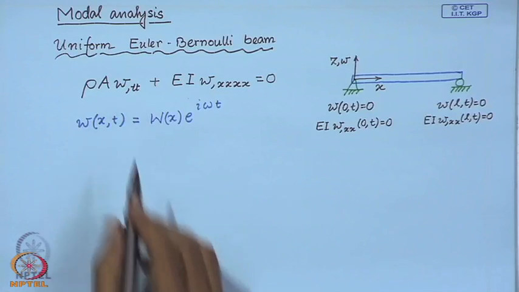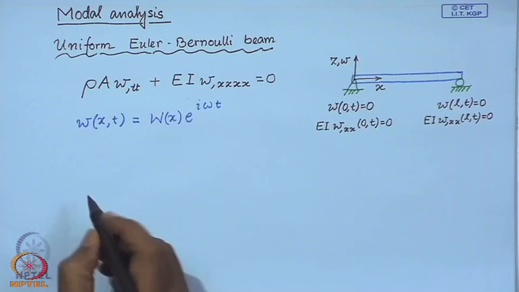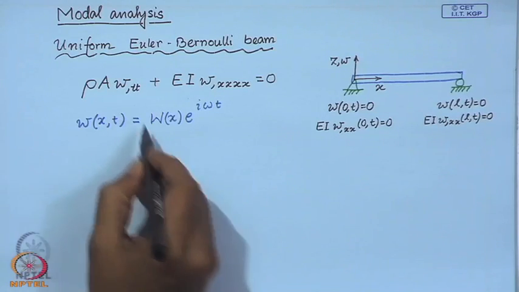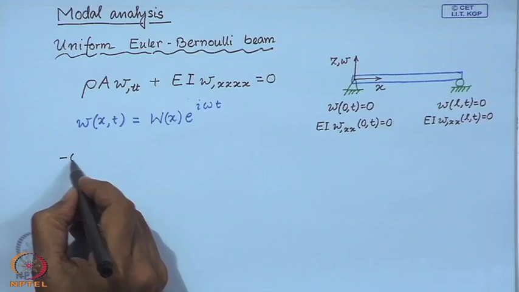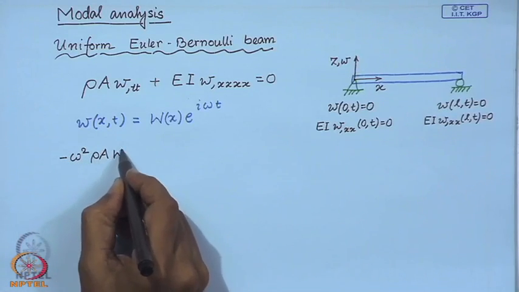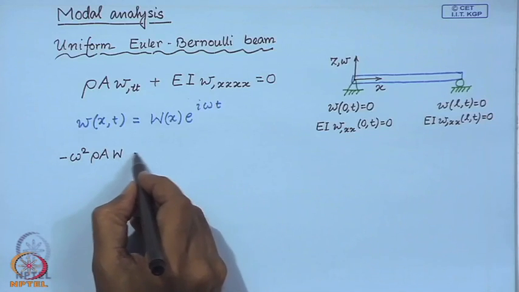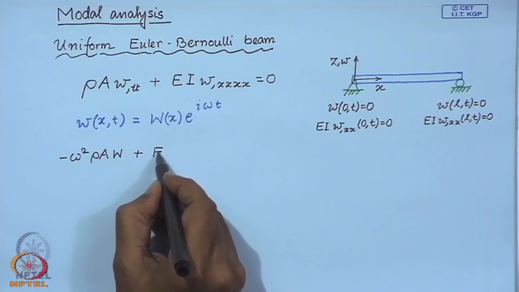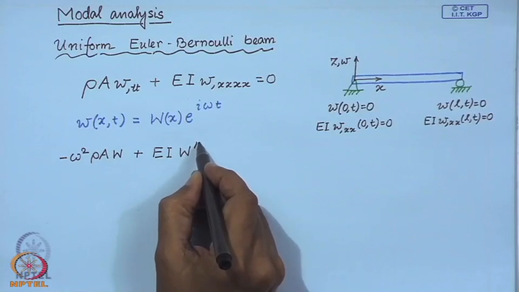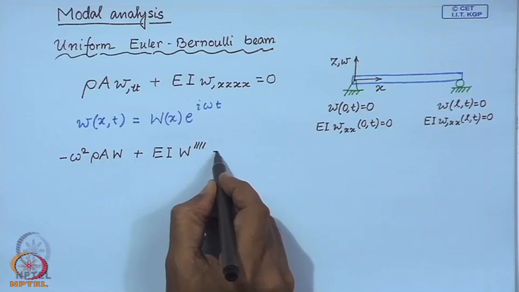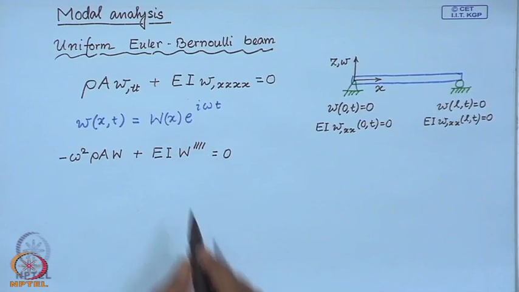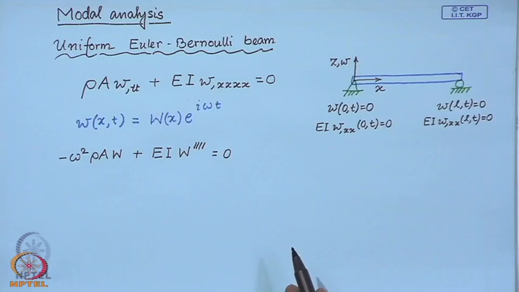And if you substitute this in the equation of motion, the differential equation, then upon some simplifications this must be 0, where this prime denotes the derivative with respect to x.